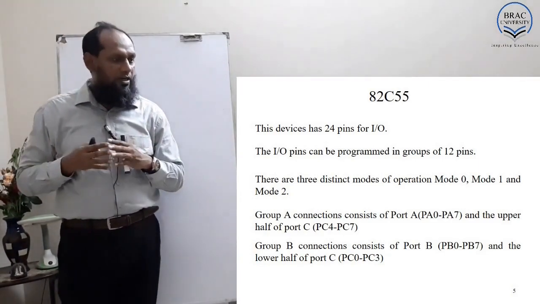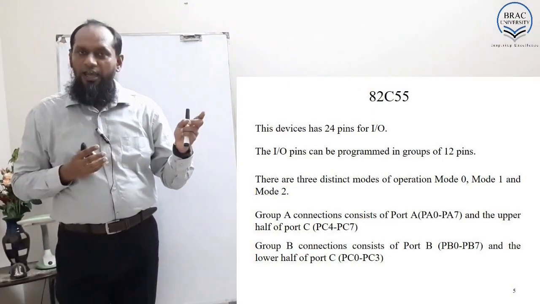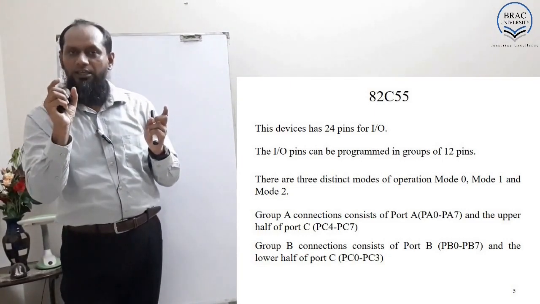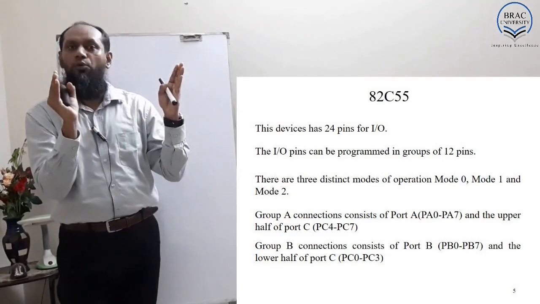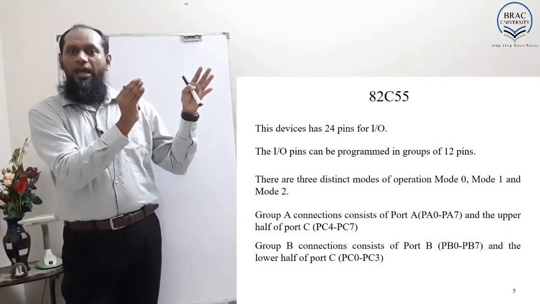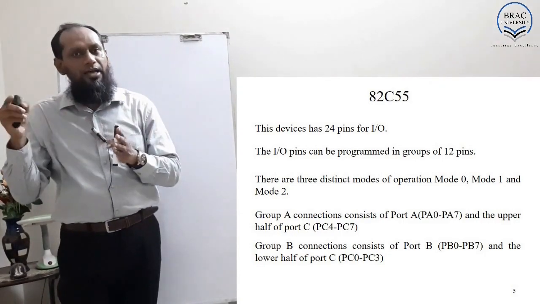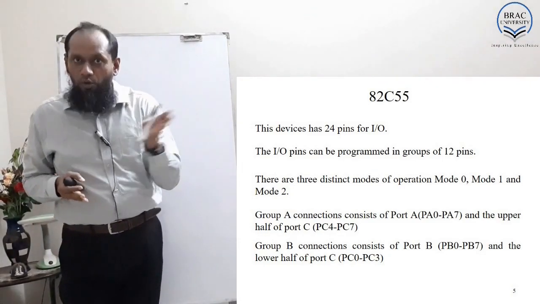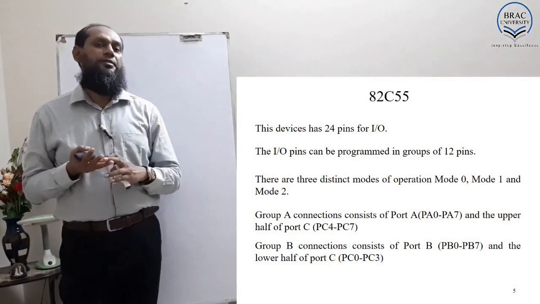You can see here port A and 4 pins of port C, which we call port C upper, are in group A, and port B plus 4 pins of port C lower are in group B.